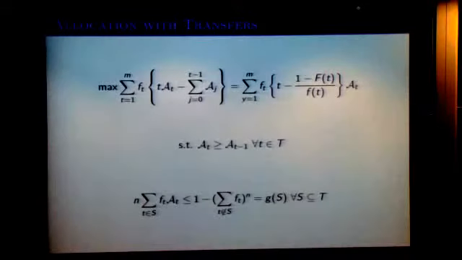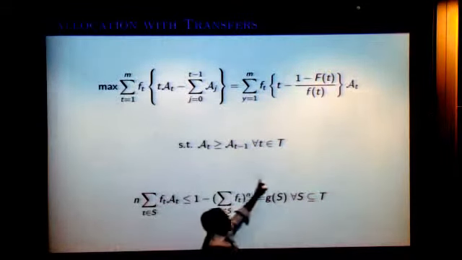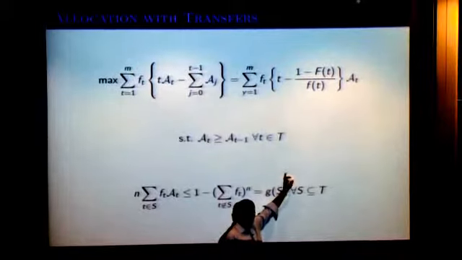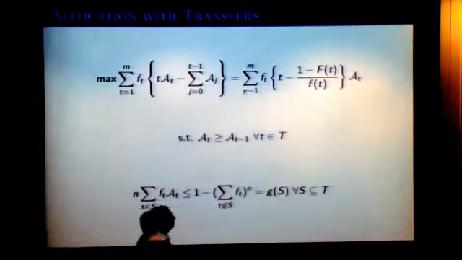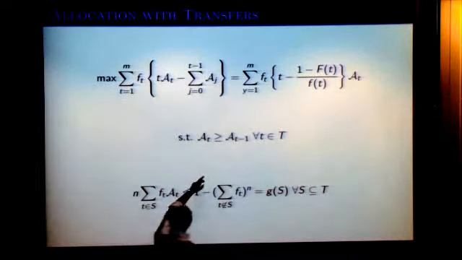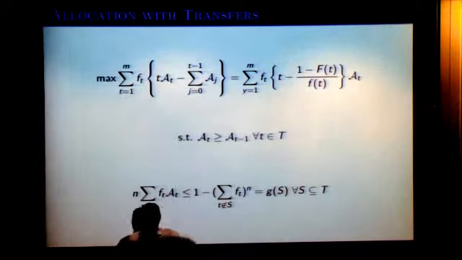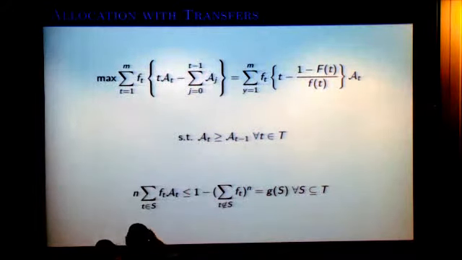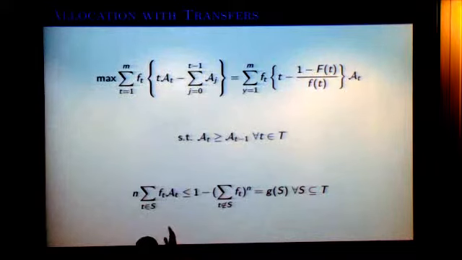So now you have an extra constraint involving the calligraphic A's, which comes from the budget. What do you do? Take it up into the objective function with Lagrange multipliers, and then just as in Myerson, make up your own monotone hazard rate condition assumption. And then you have a simple mechanism to describe the optimal auction.